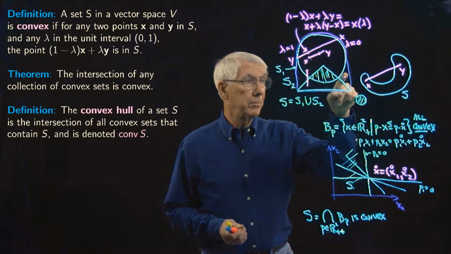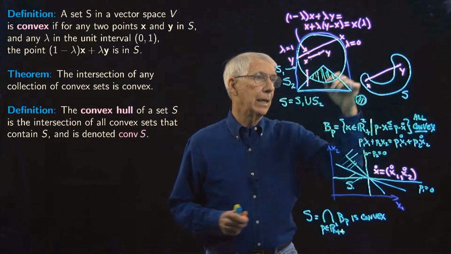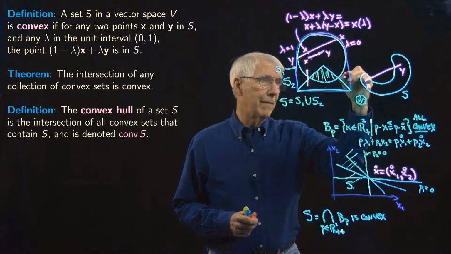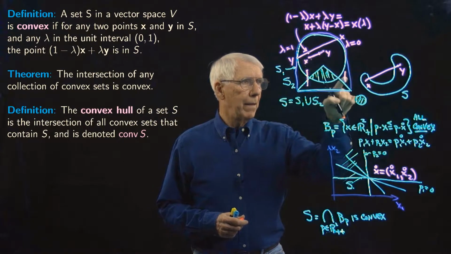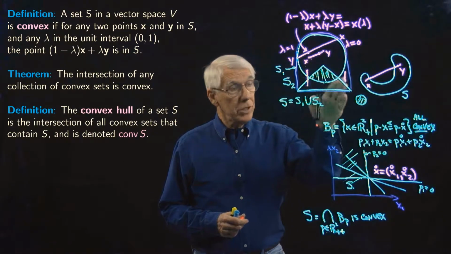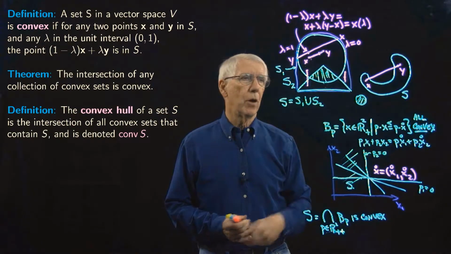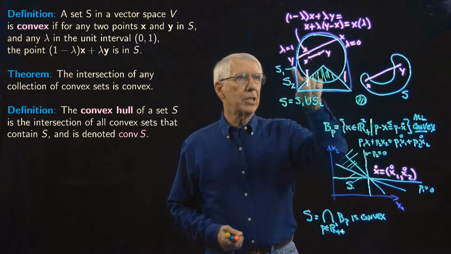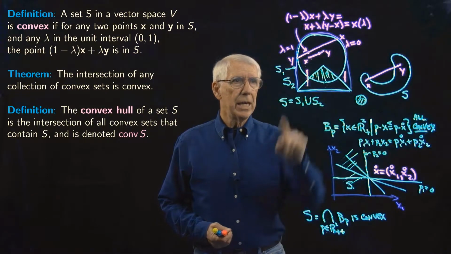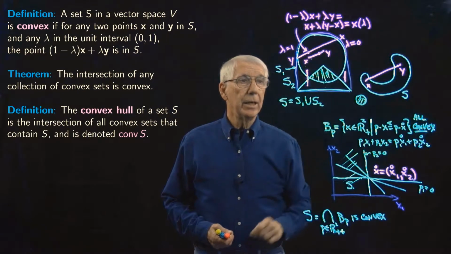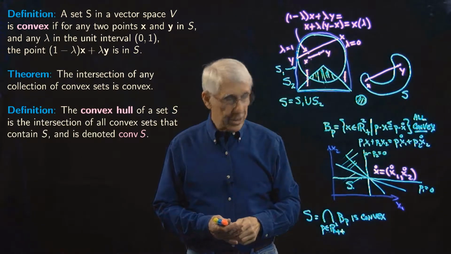If I delete that point, it's not convex because I can just take two points in S, and that convex combination is not in there, so that's not convex. So that little informal intuitive argument tells me that the convex hull of this non-convex set S is the set here, and it is the intersection of all the convex sets that contain S.